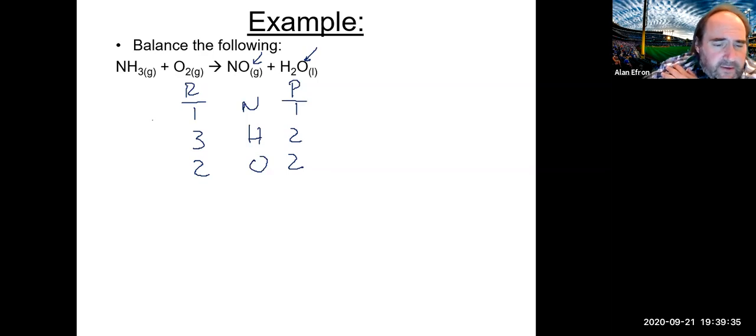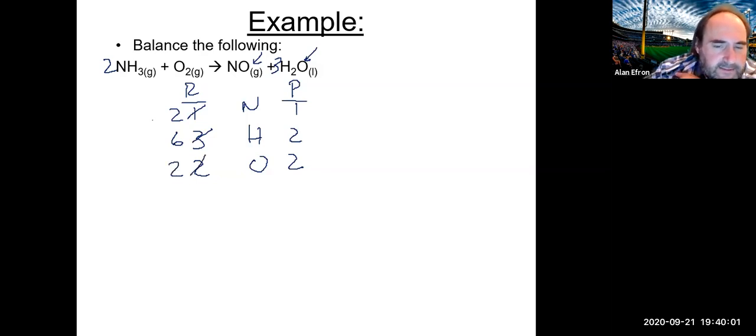In this case, we actually need to put a number on both sides. So we can put a 2 here to get a 6, which is our common number. And we could put a 3 on the right-hand side to get our hydrogen to 6. When we put a 2 on the left-hand side, we end up with 2 nitrogens, 6 hydrogens, and 2 oxygens.